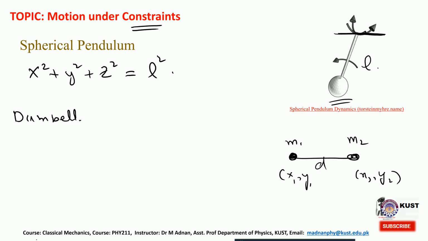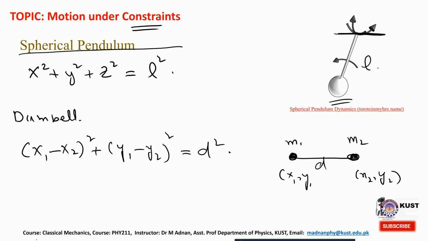So for such a system, let's say the mass 1 is having configuration x1, y1 and the mass 2 is having configuration x2, y2. So in this case, the equation of constraint will be (x1 minus x2) whole square plus (y1 minus y2) whole square equal to d square.